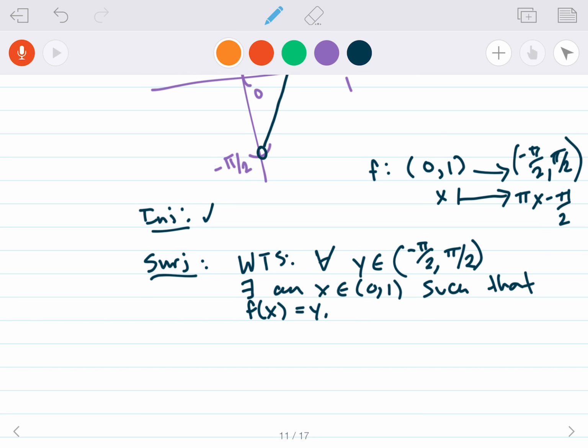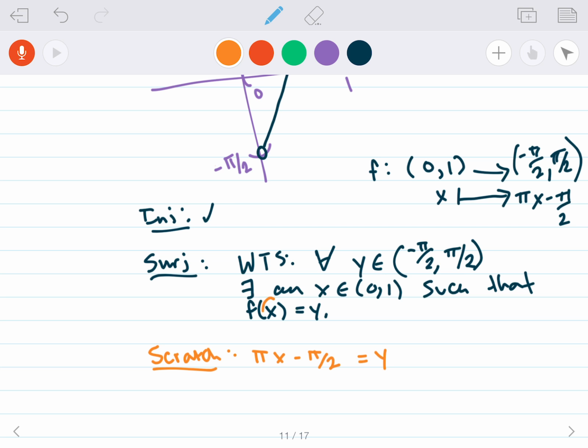So again, with the surjective stuff, I like to do some scratch work before I start writing the proof. There's some backhand work to check. So I just want to do f of x equals y. f of x is pi x minus pi over 2, and I want to set that equal to y.